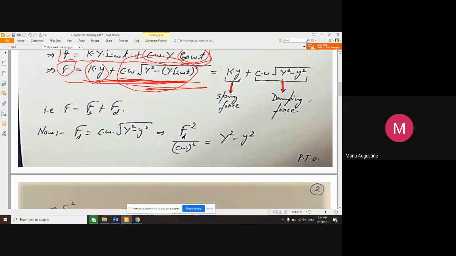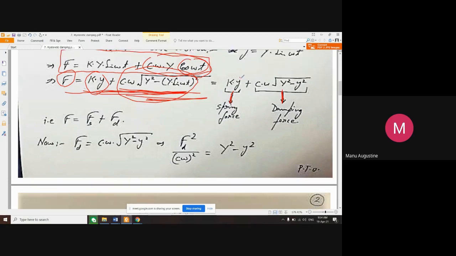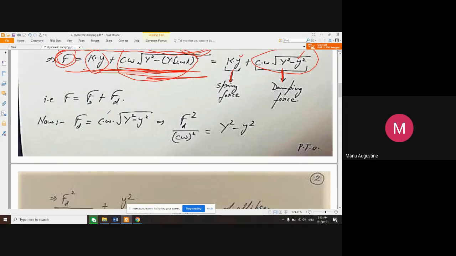At any given instant of time when the mass is at location small y, the spring force component of the total force F is given by ky, and the damping force component of the total force F is given by c omega under root of capital Y square minus small y square. So now we are going to abbreviate these forces. Spring force we are going to write as F suffix S. Damping force we are going to write as F suffix D.